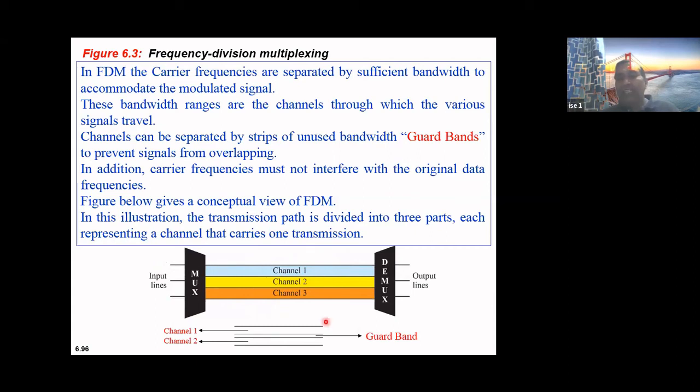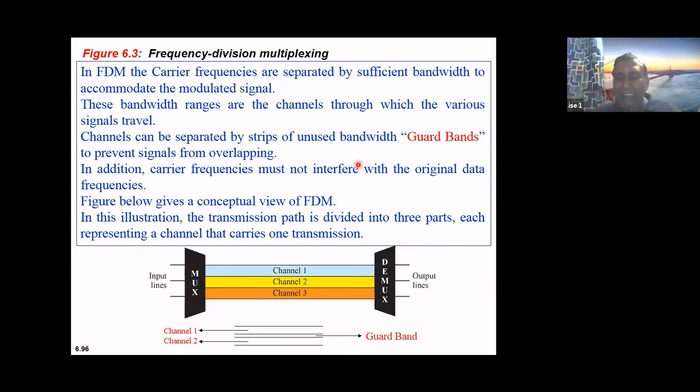And each part is further separated by something called a guard band. You have seen on the road, so that traffic from one side should not mingle with the other side, they put cement blocks.